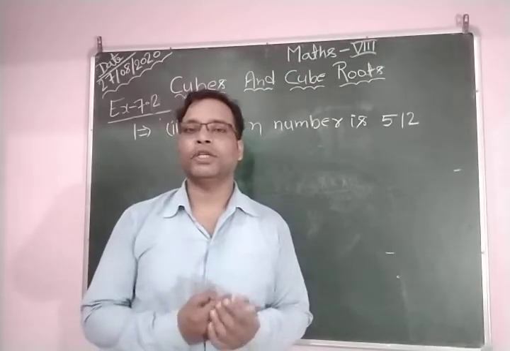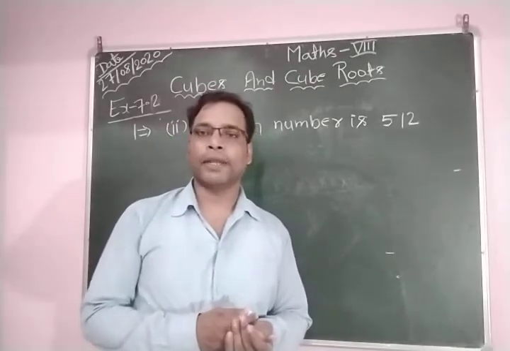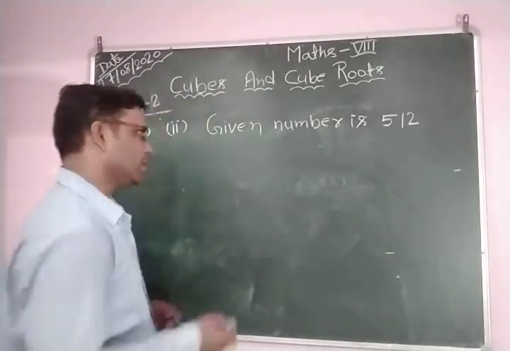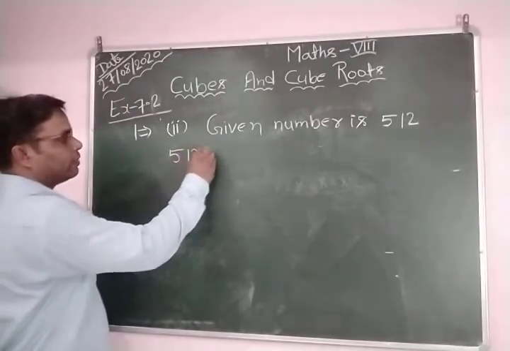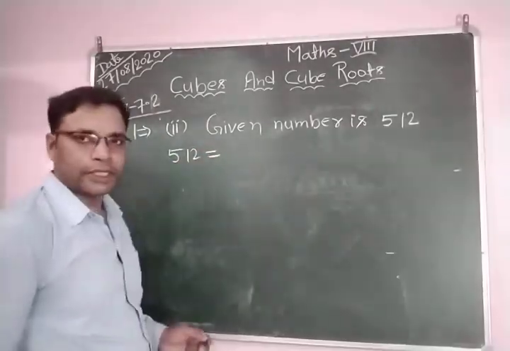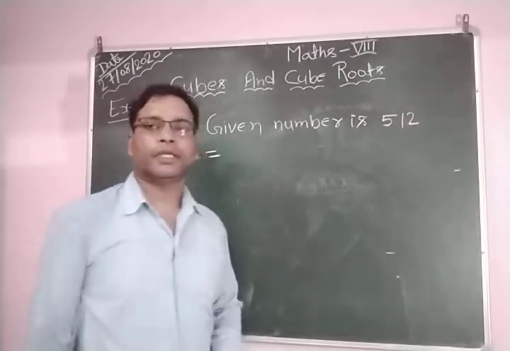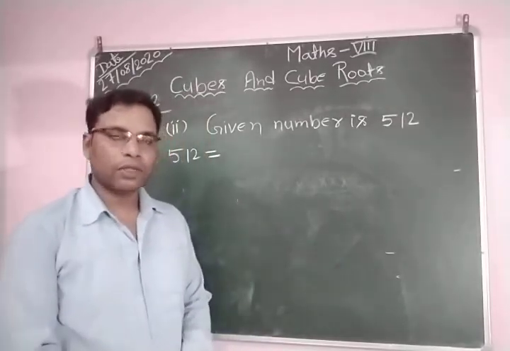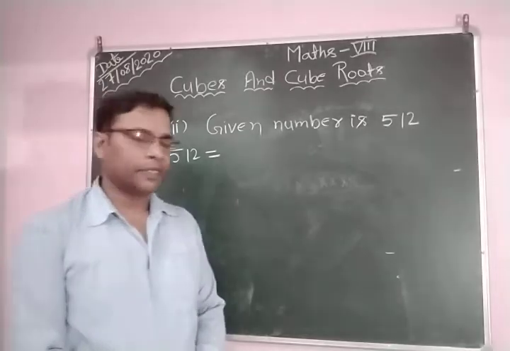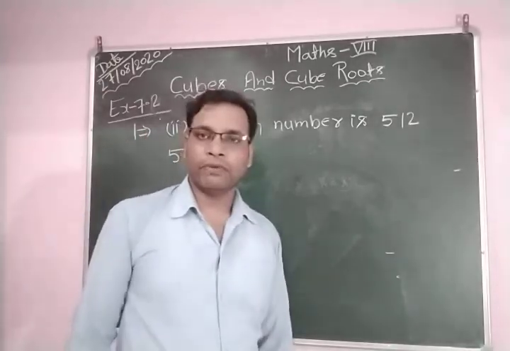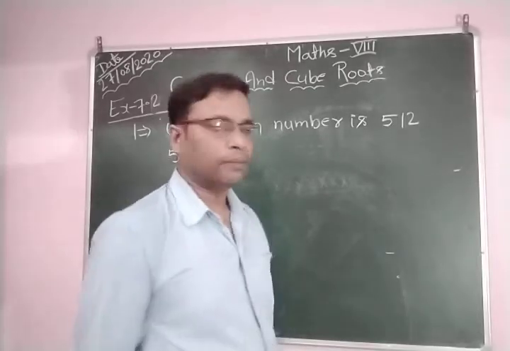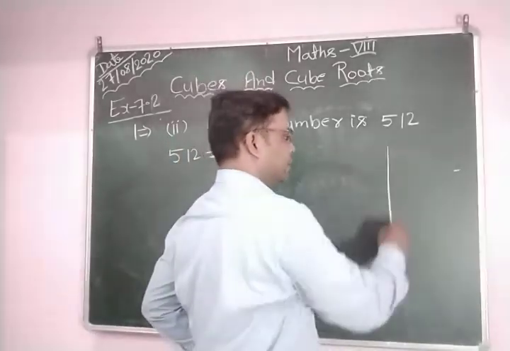For this, first we express it as a product of prime factors. How do we know what the factors of 512 are? We find them by the prime factorization method.